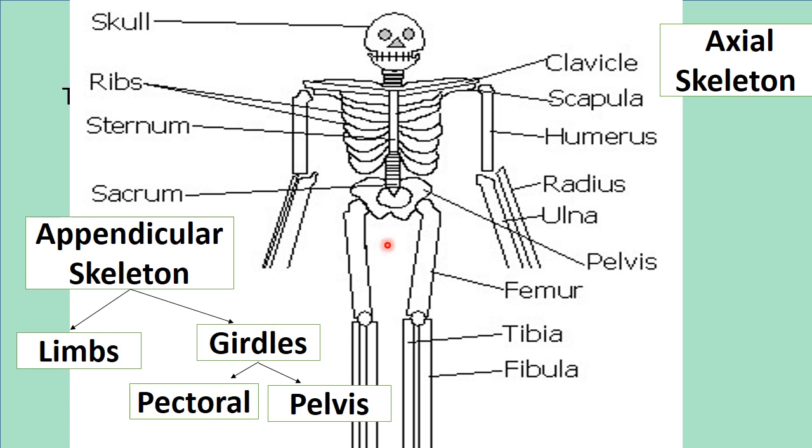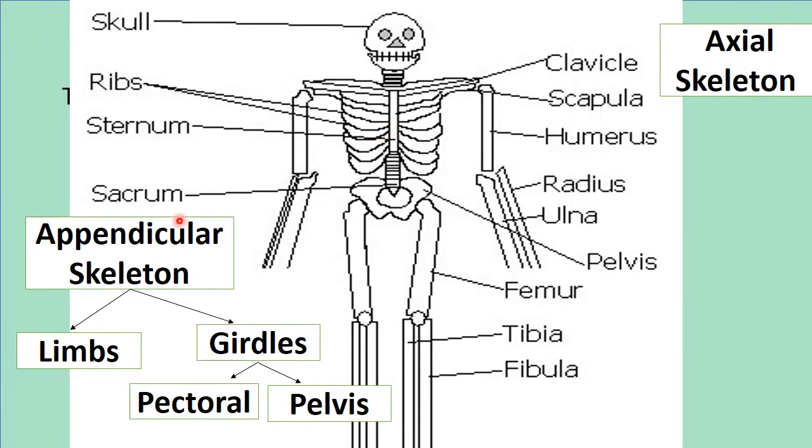The pelvic girdle is this bone here. This pelvis bone attaches the limbs, which are the legs, to the exoskeleton. Well, these two, the clavicle and the scapula, are called pectoral girdles. These pectoral girdles attach the hands, which are also limbs, to the exoskeleton.